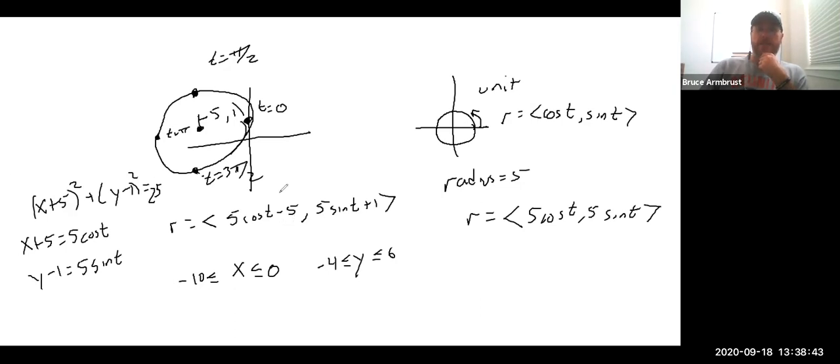I plugged in t values to see if I was actually getting what I wanted. So that's a big recommendation I have if you're ever trying to parameterize, is go ahead and do that. Start with something simple. And then once you get where you think you're supposed to be, double check it. Plug in a couple t's.